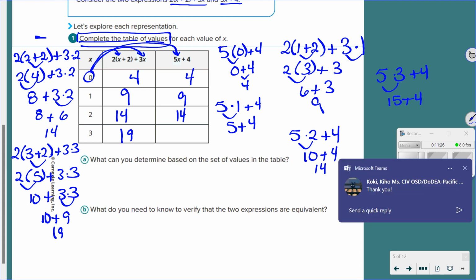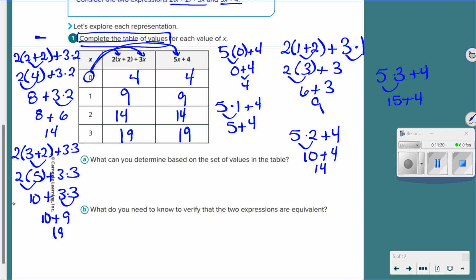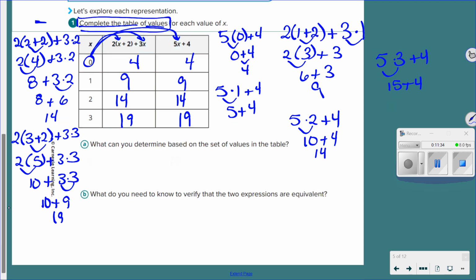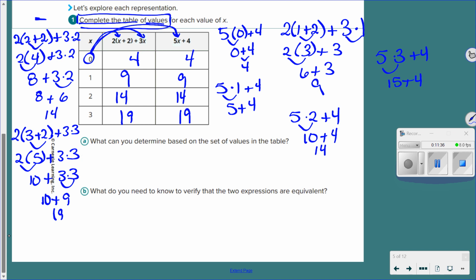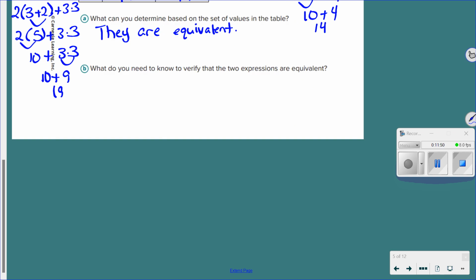So what do you notice about the values in the table? What can you determine? They are equivalent. And what do you need to verify if the expressions are equivalent? What did we do each time? What did we do in each problem that was the same?